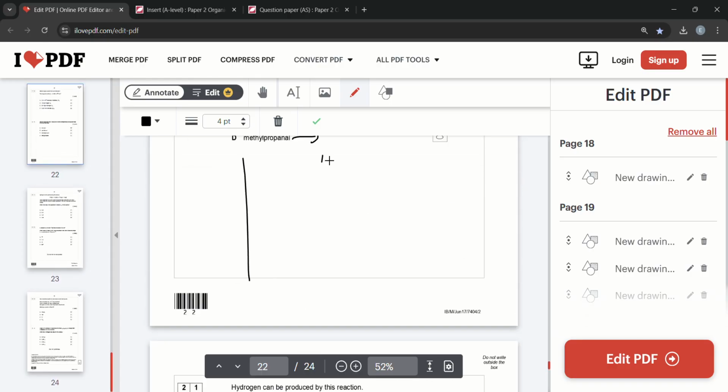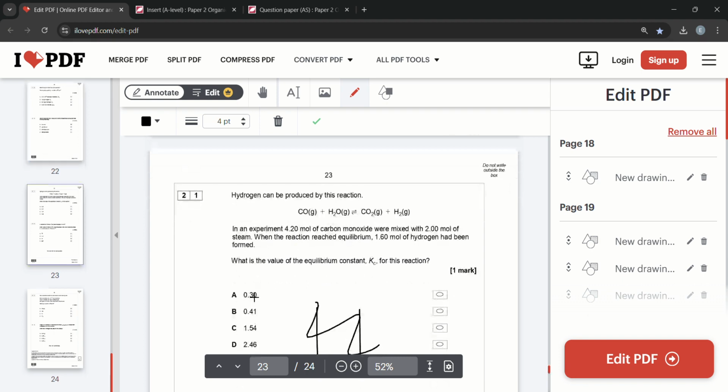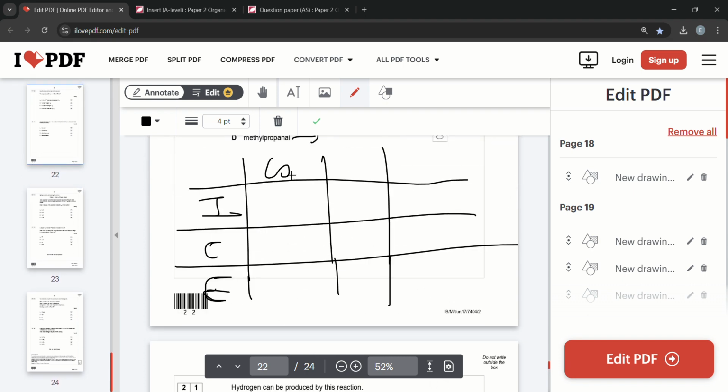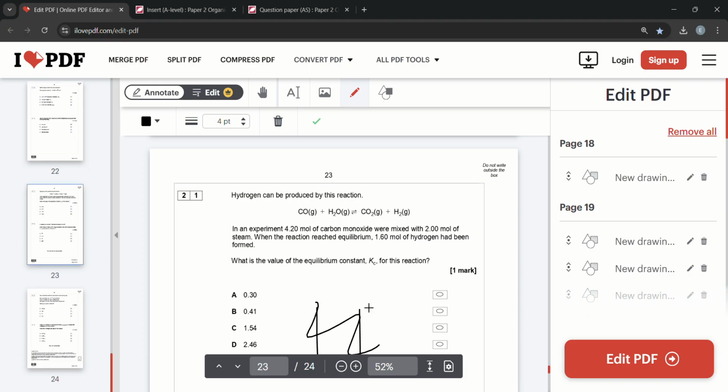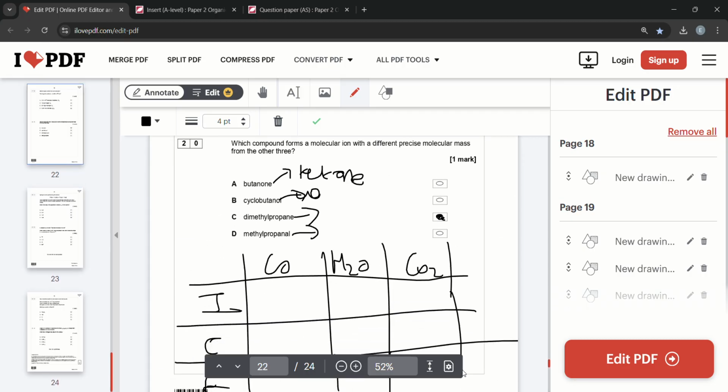So if we draw our table, I stands for initial moles, C stands for change in moles, E stands for equilibrium moles. Hopefully you guys know that by now by watching a lot of my videos. So, carbon monoxide, water, steam in this case, carbon dioxide and hydrogen. So I'm writing down the reactants and the products.